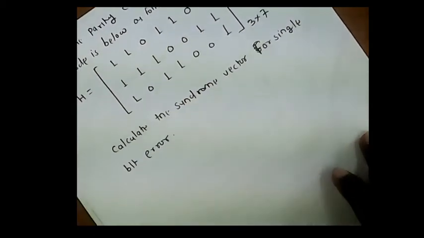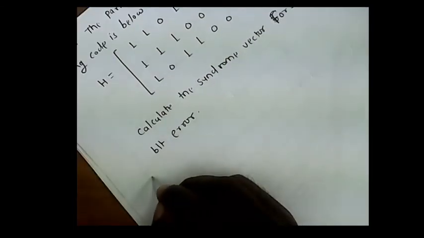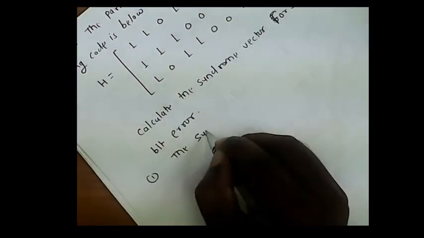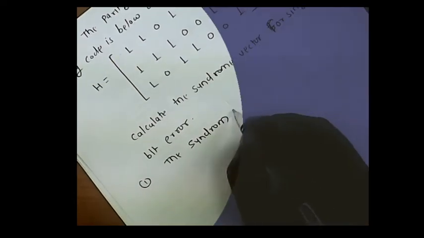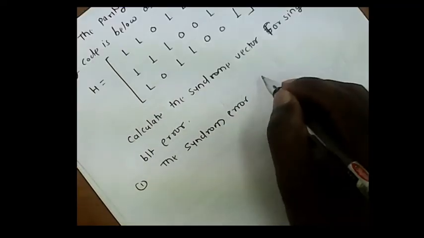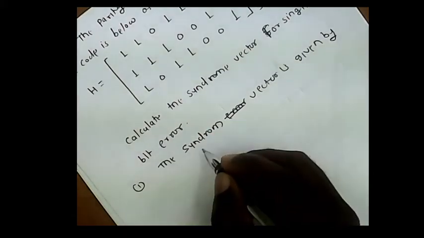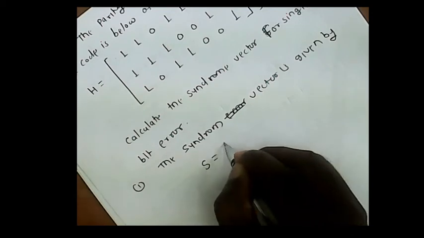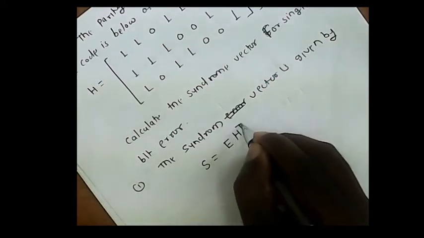So first, step 1, we write down the syndrome vector, which is given by S = E into H transpose.